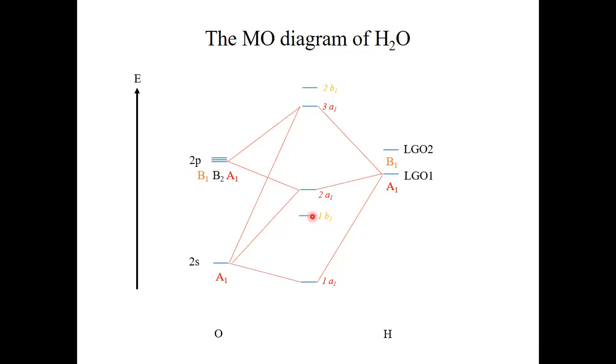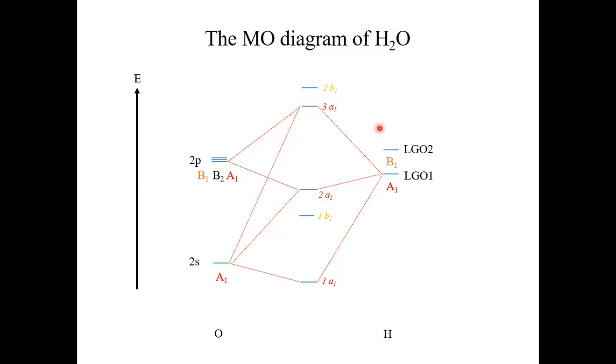So you see the bonding one here, this is the 1b1, and the antibonding here, which is the 2b1. Okay, so we need to write the 1b1 below the 2pB1, because that's the B1 atomic orbital which has the lowest energy, and we need to write this 2b1 above this B1 LGO2.